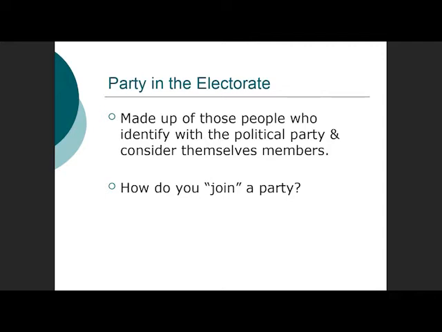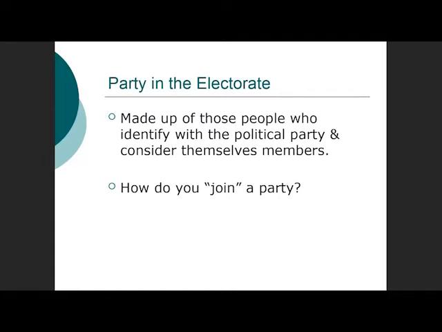In some states, there are extra steps, but that step is required, right? You have to make that decision. In other states, you may have to sign some paperwork or something. But so this one element of how we identify what part of the political party is simply that group of people that identify with that party. That's the party in the electorate.